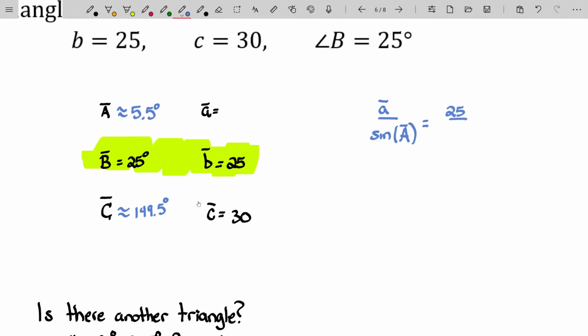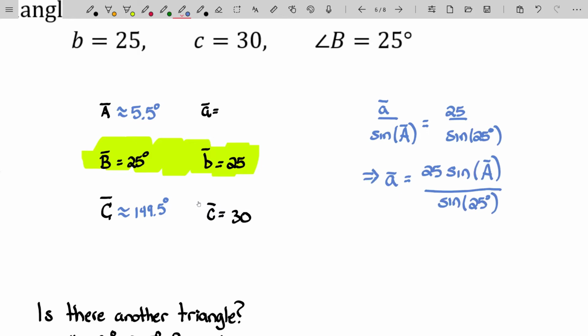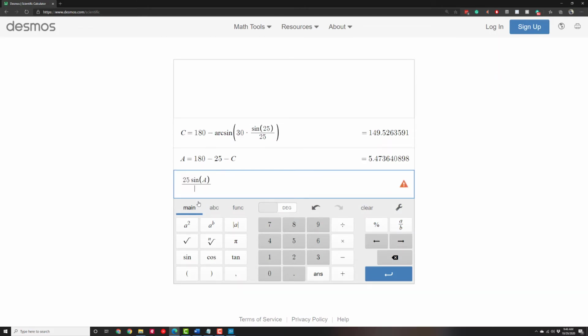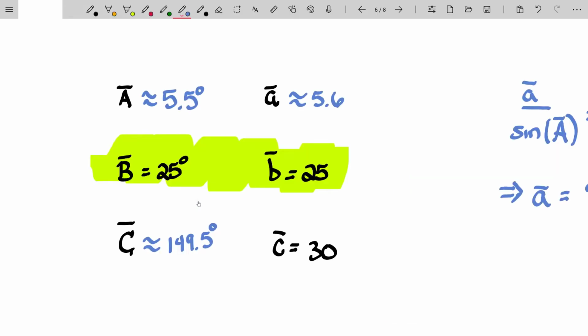So side B is to sine of angle B. And that implies that A bar is 25 sine of A bar, the angle, over sine of 25. So let's go into Desmos and compute that. We have 25 sine of that angle A divided by sine of 25, and we get 5.6, rounded to a single decimal place.